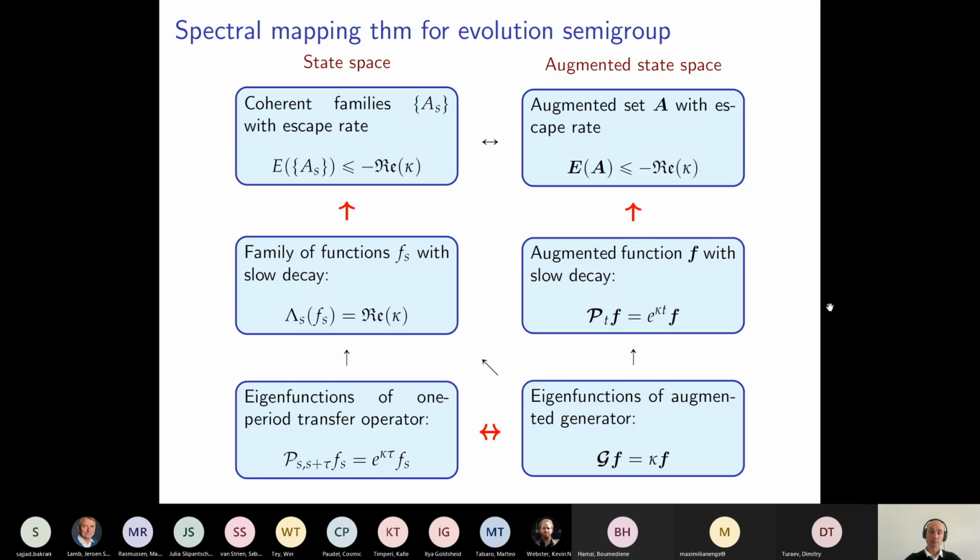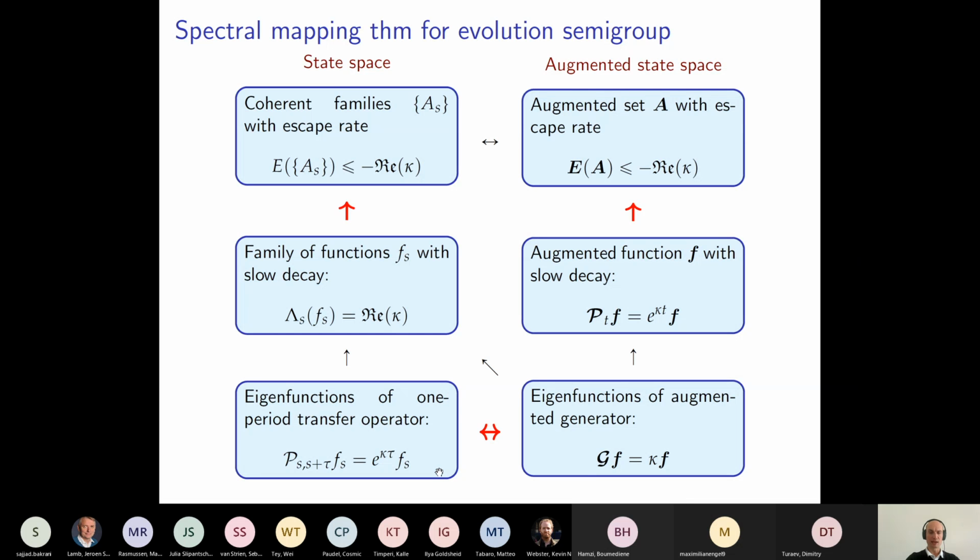And then, okay, so before we jump to the examples, I would like to give you some perspective on what this kind of means. On the right-hand side, we have the augmented setup. On the left-hand side, we have the non-augmented but autonomous setup. So here at the bottom is our object, which we are approaching with the numerics, the augmented generator.